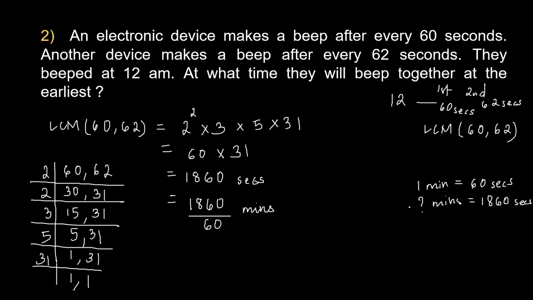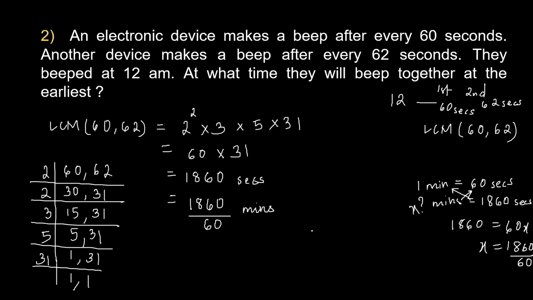If you say this is x and cross multiply, this will be 1860 is equal to 60x. Keep x as it is, and now 1860 will be divided by 60.